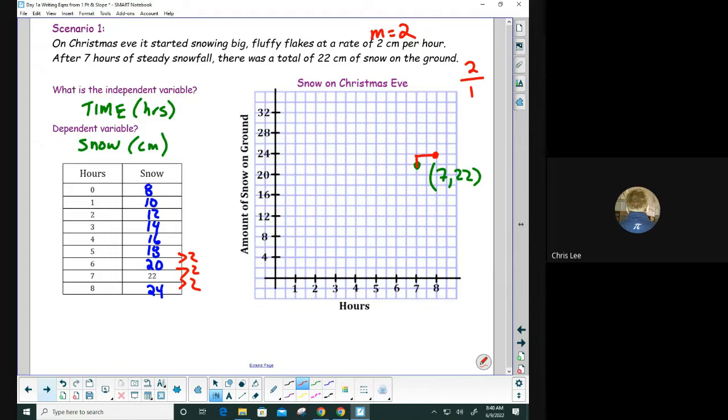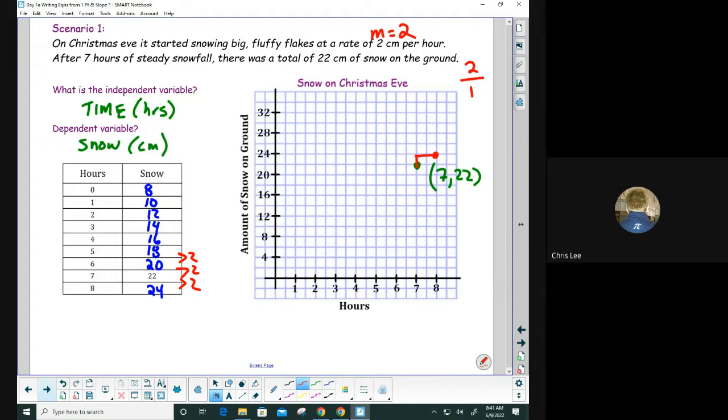Now you did this more efficiently up at the whiteboards. You didn't make a table and just start counting backwards. You said, you know what? It goes 2 centimeters an hour, and you have to go back 7 hours. So you jumped from here to there by saying 22 minus 14, right? 2 an hour times 7 hours is 14. So you jumped from here straight back to the 0, which was way more efficient than the table. And I'm glad you did that, because the table is not an efficient way to do this.